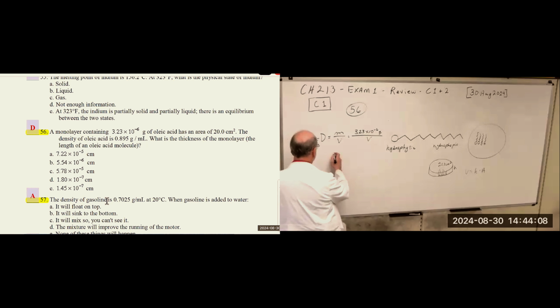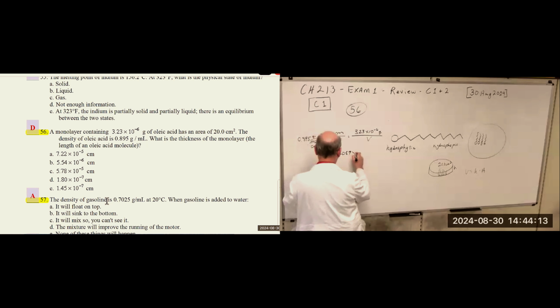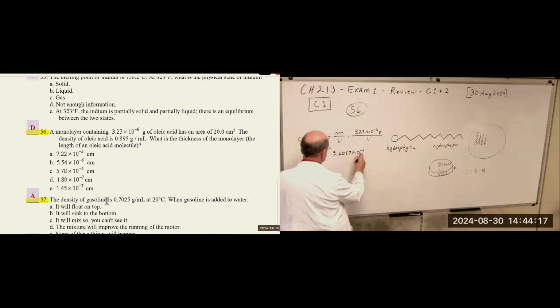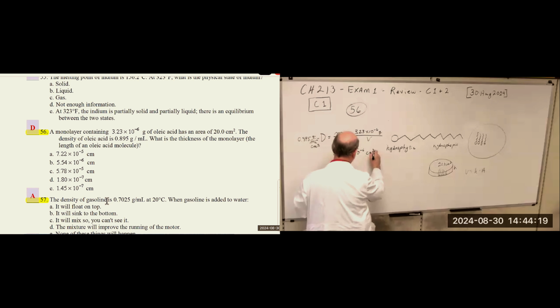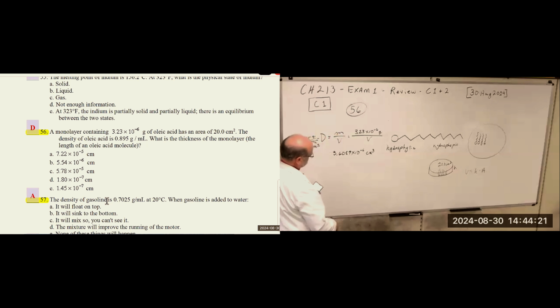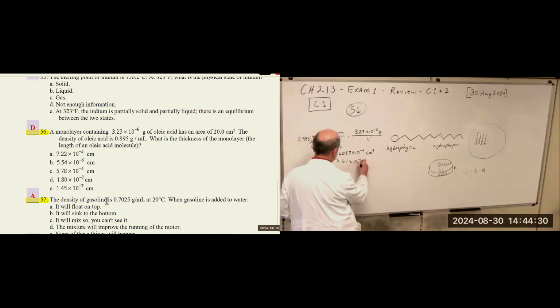So that's 3.6089 times 10 to the minus 6 cubic centimeters. Actually, I can only use 3 significant figures. So it's 3.61 times 10 to the minus 6.